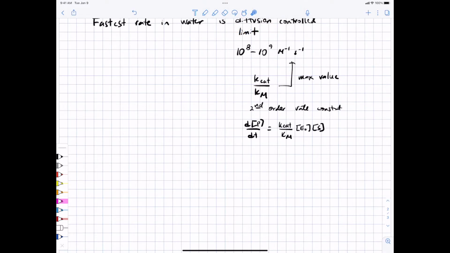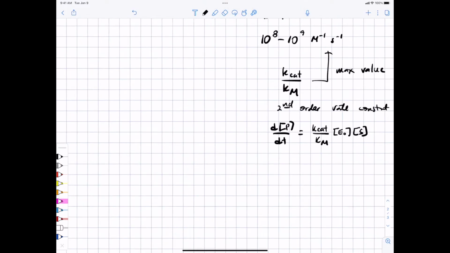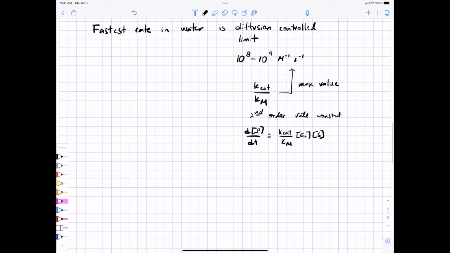Okay. Because there are two terms here, there are two ways that you could improve kcat over Km. Let me give you some examples of two different enzymes that are basically near the diffusion controlled limit, and yet you will see that their parameters for kcat and Km are very different. So, carbonic anhydrase. I'm not sure what that does, but it sounds like it removes water from carbonic acid or something.